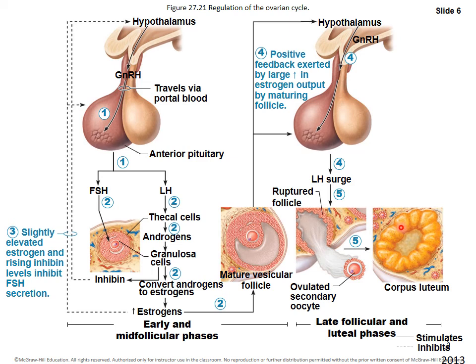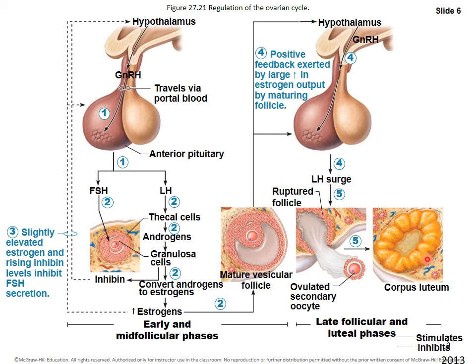Now, if pregnancy does ensue, we haven't talked about what happens then. If pregnancy does ensue, then we have a variety of hormones that are produced by the implanted zygote as it develops. One of which is very well known, human chorionic gonadotropin. And these hormones that are coming from the implanted zygote are going to set up signals that will maintain the corpus luteum for the full 9 months of pregnancy.